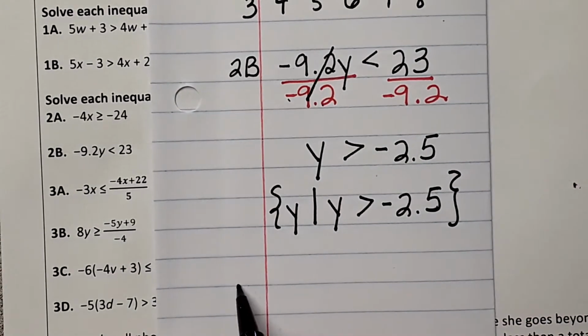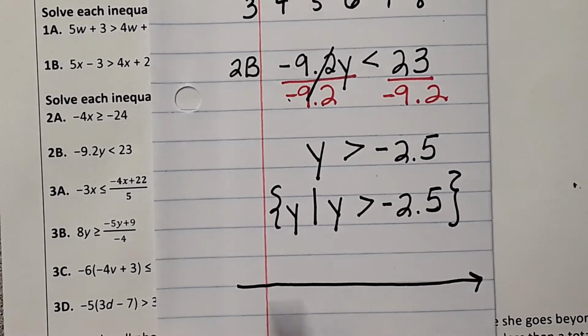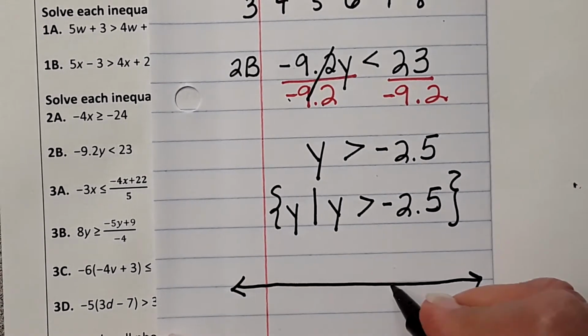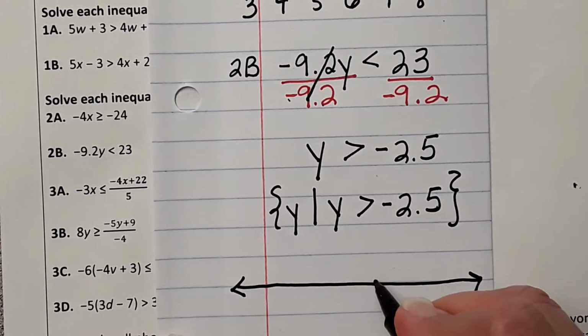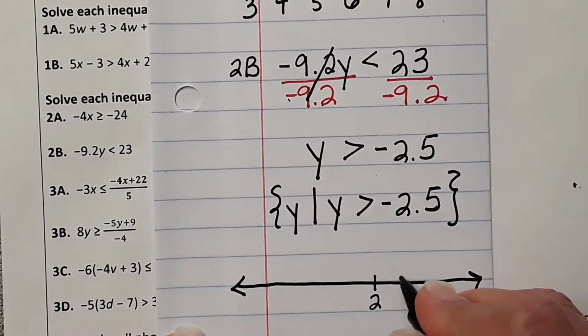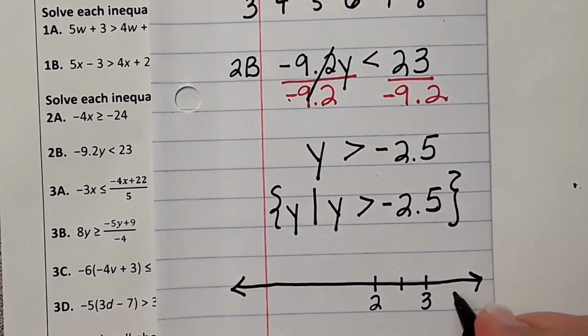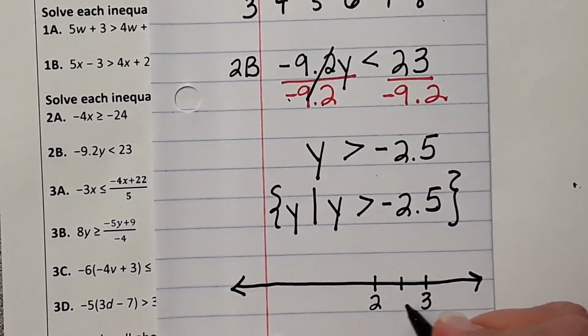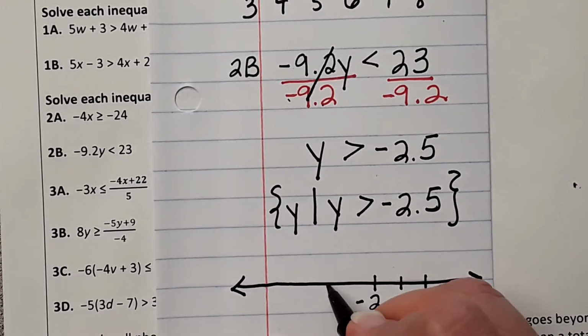Then I'm going to draw a number line. And I did it wrong. Of course I did.